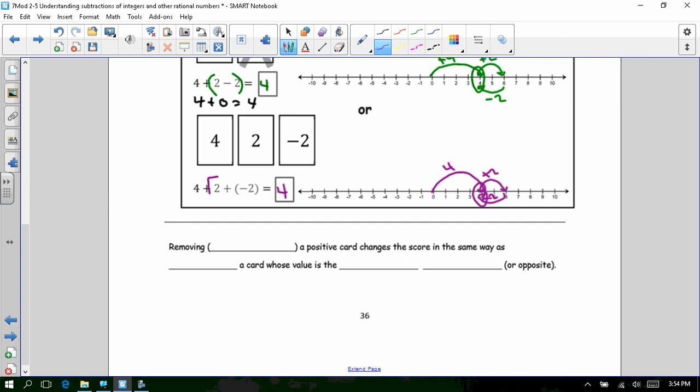Remember we talked about additive inverse? Look at those. Those are the additive inverses of each other. So in other words, that's still going to be 0, because the additive inverse always makes 0. So 4 plus 0 still gets you 4.